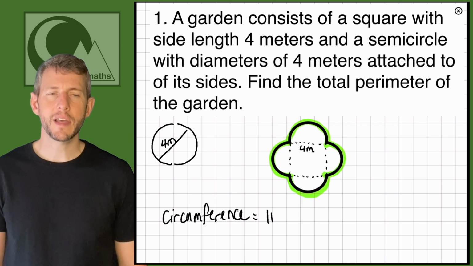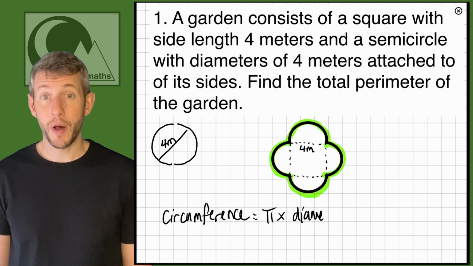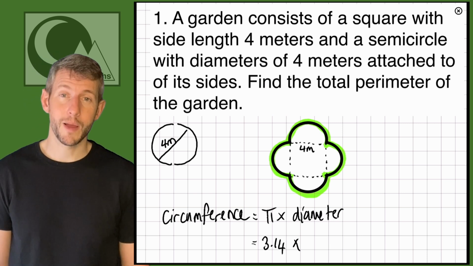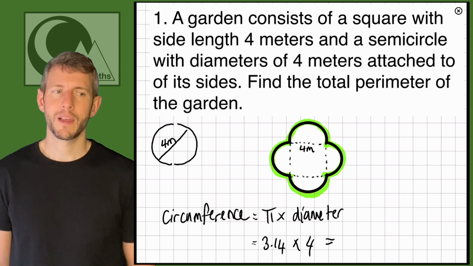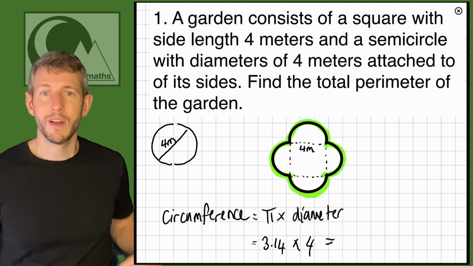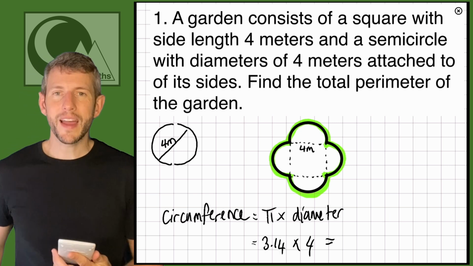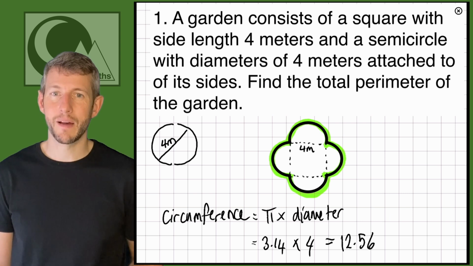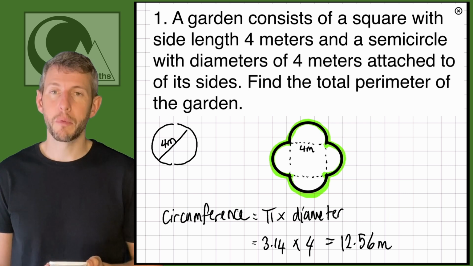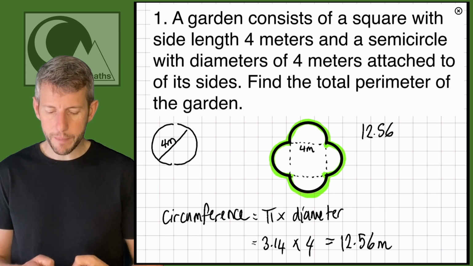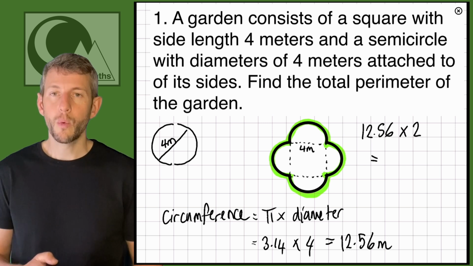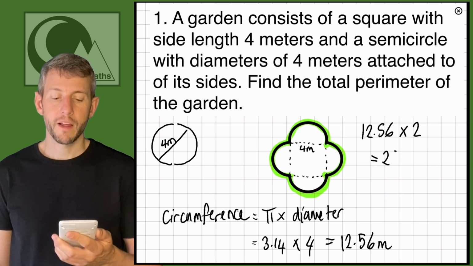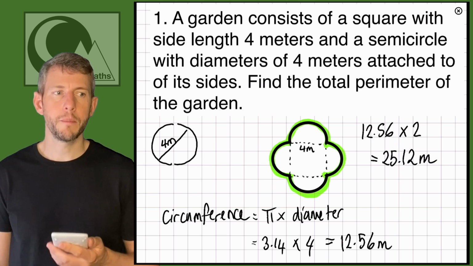So remember, the circumference of the circle is pi times diameter, which is 3.14 times 4 in this case. So 3.14 times 4, I'm just going to get my calculator, and that equals 12.56. So we know that one circle has a circumference of 12.56. So if we times that by 2, we'll know that 2 circles will have a circumference of 25.12 metres.